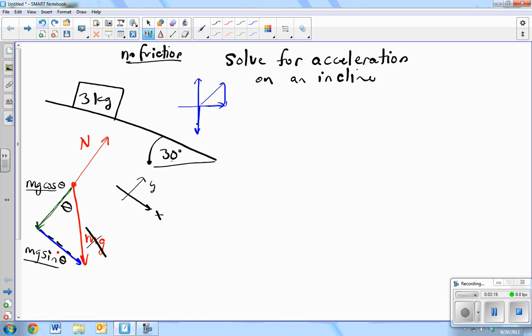We would do that if we were talking about a circular track where the acceleration was in that direction. So you have to rotate your axes so that the acceleration of the problem is along one of your axes. In a circular motion problem, it would have been along the x-axis here. In this problem, we're accelerating down the plane, so we want to rotate our axes so that mg sine theta pulls us down.